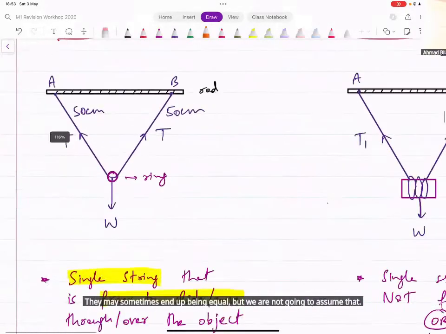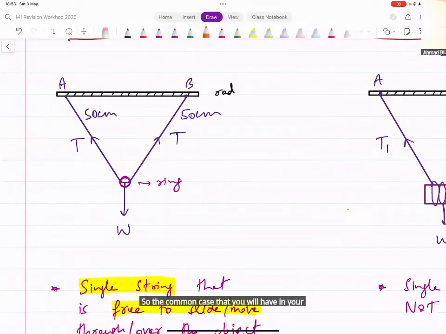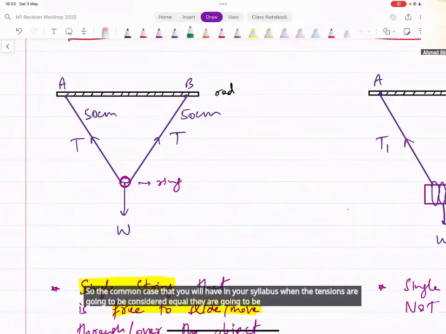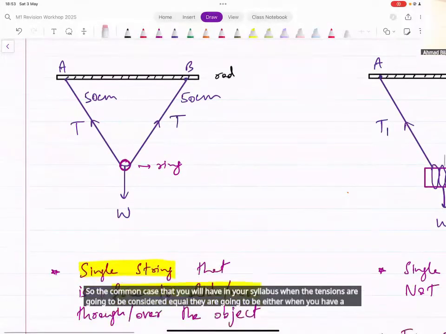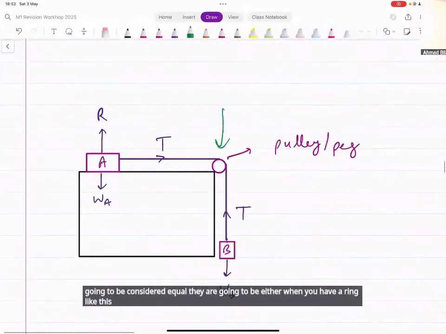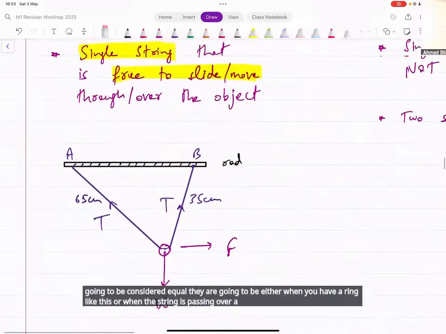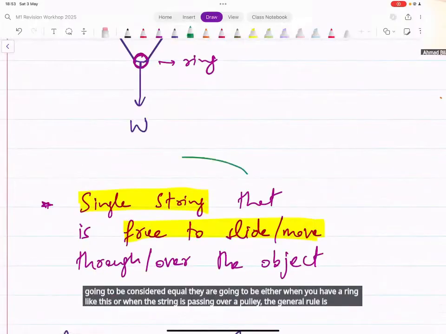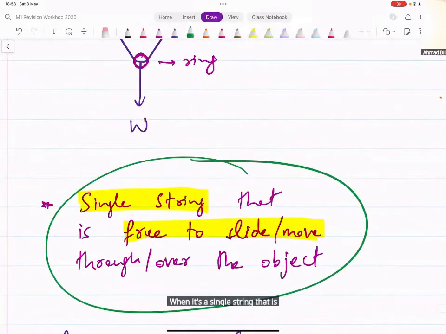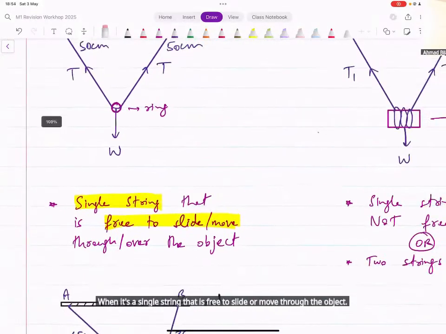So the common cases in your syllabus where the tensions are going to be considered equal are either when you have a ring like this, or when the string is passing over a pulley. The general rule is when it's a single string that is free to slide or move through the object.